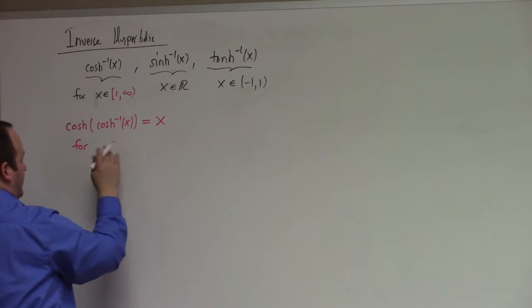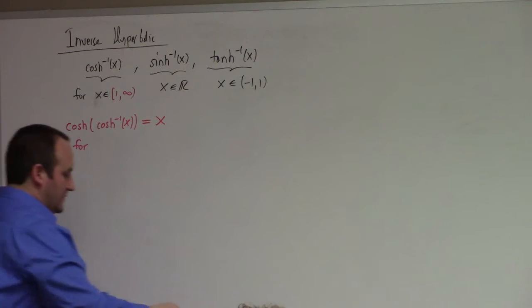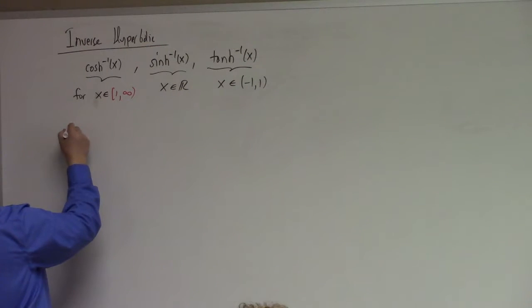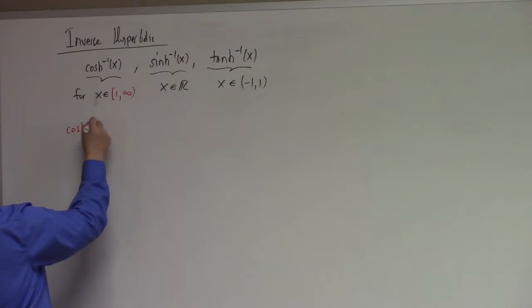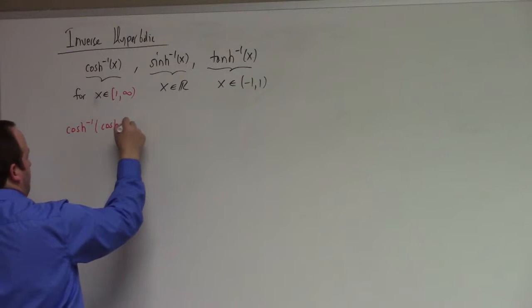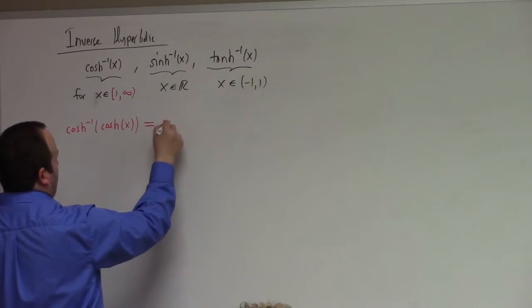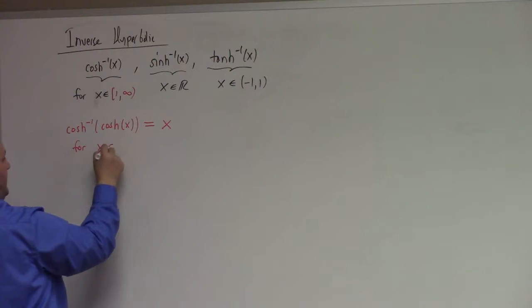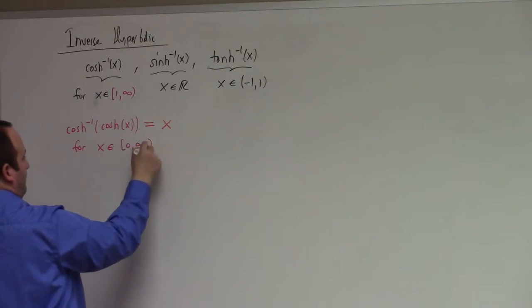Oh, I'm sorry, other way around. I get all turned around in these things. Inverse cosh of cosh of x is going to give me x again for x an element of 0 to infinity.